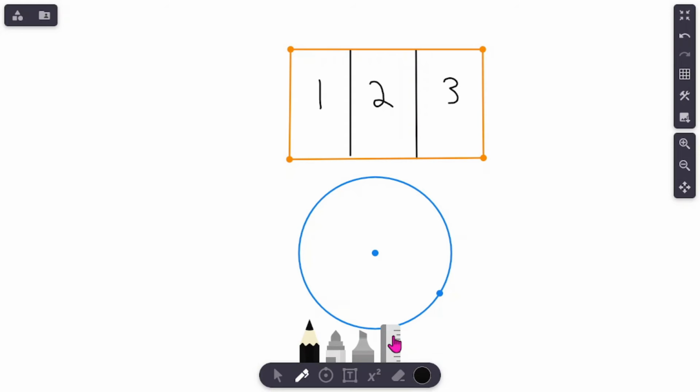Let me do the same thing down here on the circle. The circles are a little bit more tricky. I'm not going to lie to you. Let's see how I do. I messed that one up. Give me a second. There we go. That's pretty good.